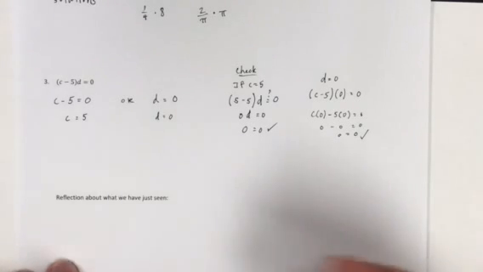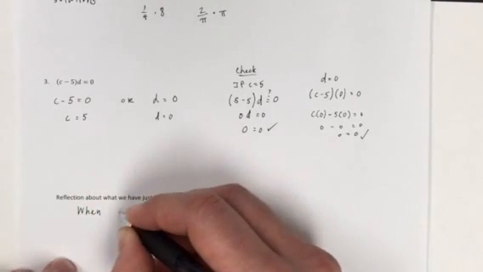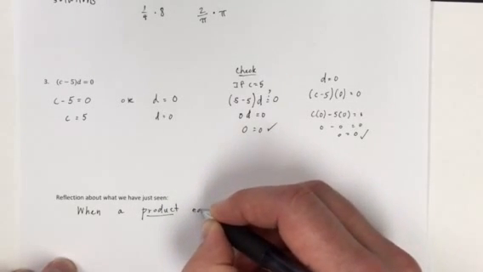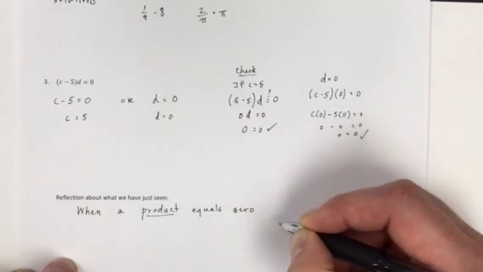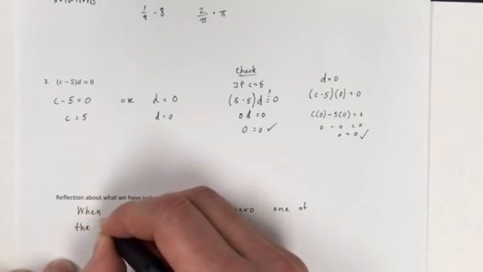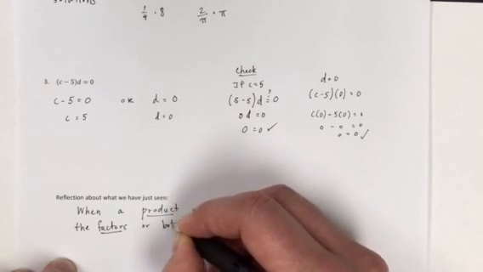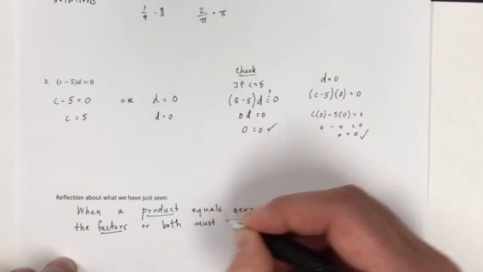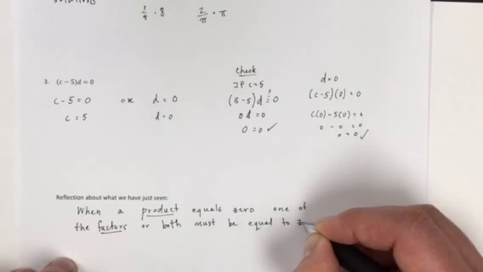Now you may want to check it with what I'm about to write. I noticed when a product equals 0, one of the factors, or both, must be equal to 0.